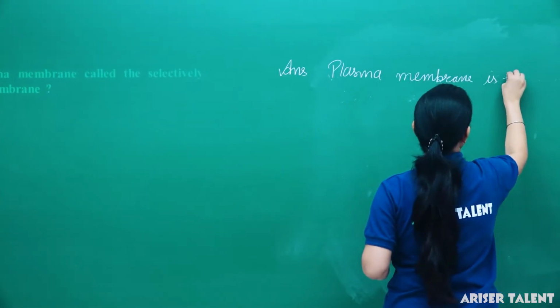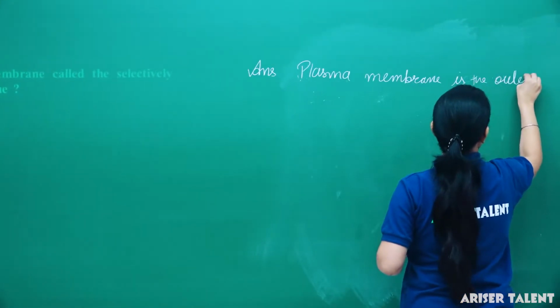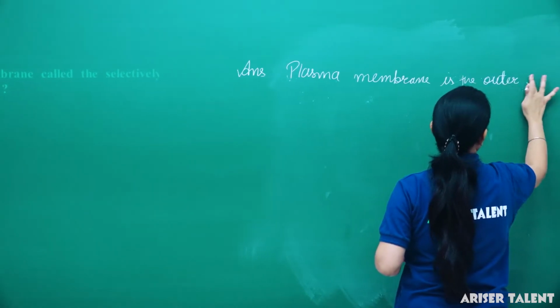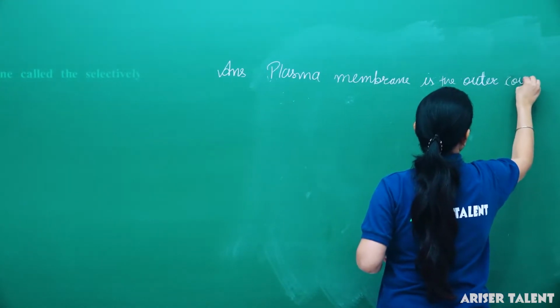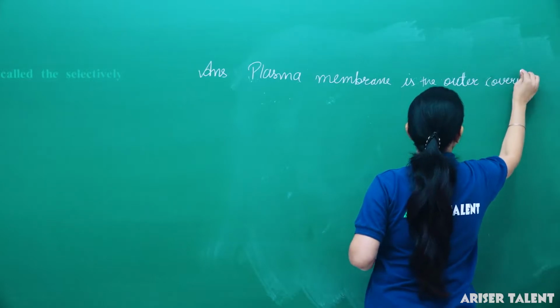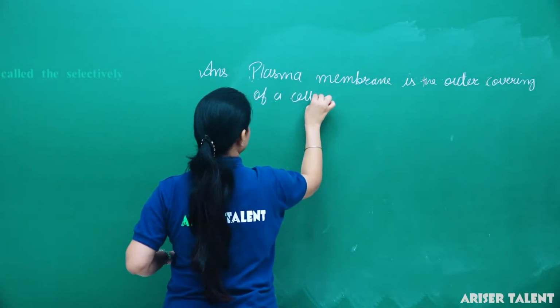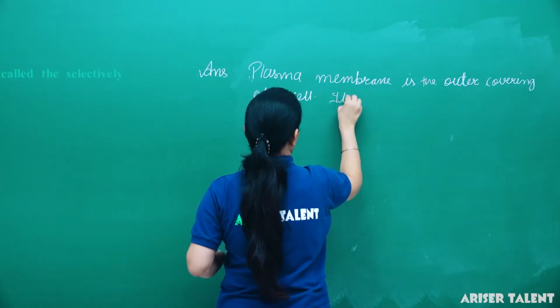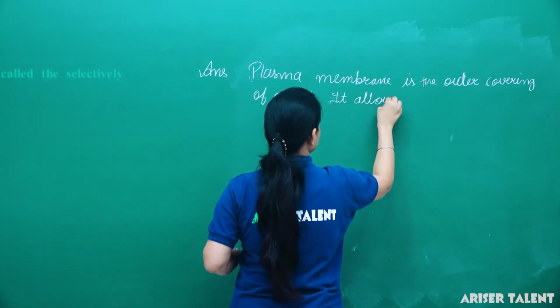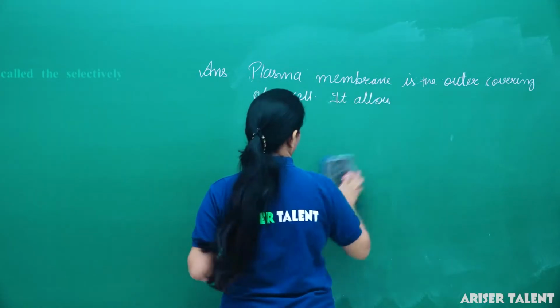Plasma membrane is the outer covering of a cell.